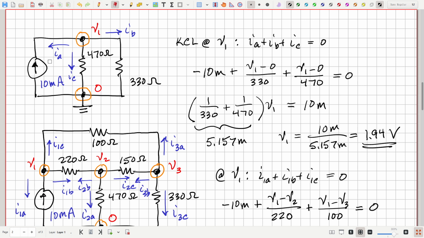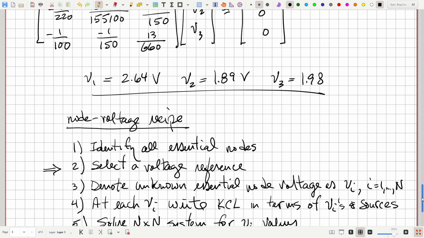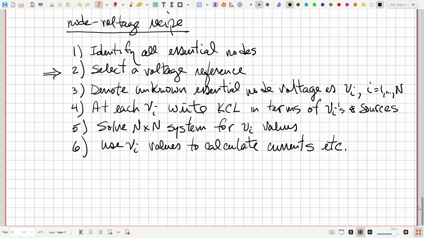If we used one of the terminals of the voltage source as our reference, then the other terminal is immediately known, because we know the voltage difference between those two terminals. Since one of the nodes is 0, the other one would just have the value of whatever the voltage is. So that can be a really good way to decide which of your essential nodes to use as your voltage reference.